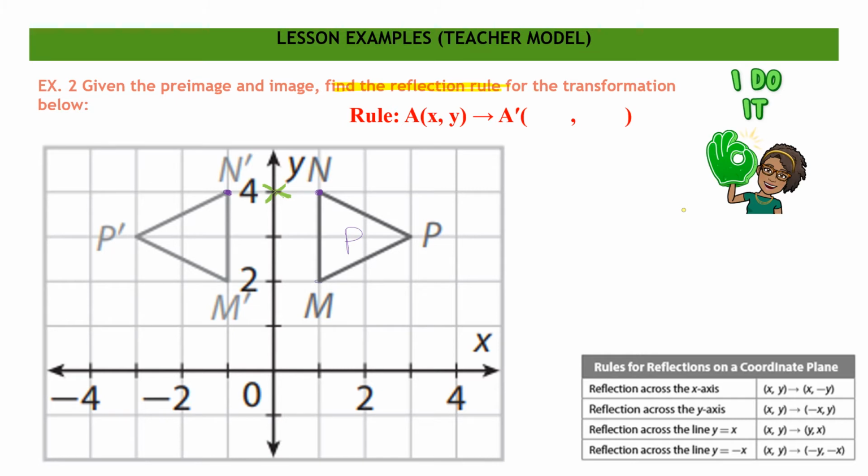So from M to M prime, there's a fixed distance of 2, and the midpoint of that distance is located here. So from M to the midpoint is 1 unit, and from M prime to the midpoint is 1 unit.